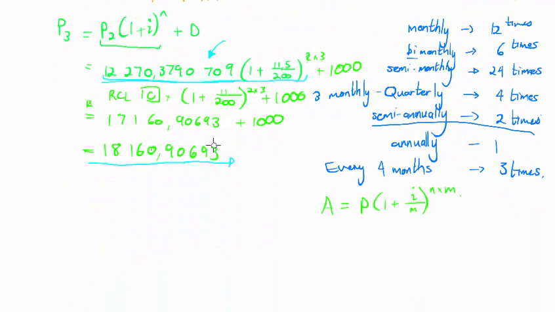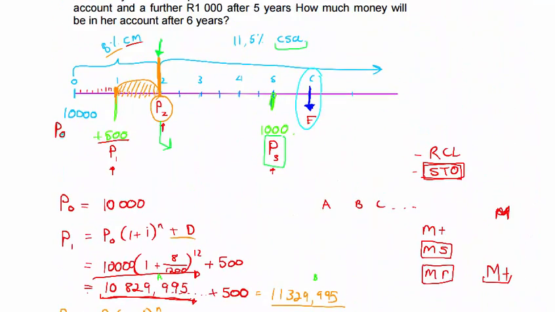Okay, and now the final answer was to get the answer at this time period. Oh, sorry. Store, STO, in where were we? D. I'm going to store it in D. And now for the final thing here, what's the only thing that I need to do to get my final answer? Paulina, what do you say? I have the value P3.